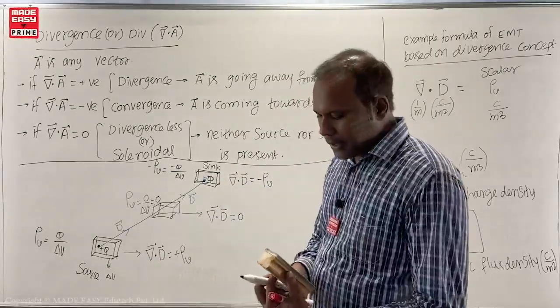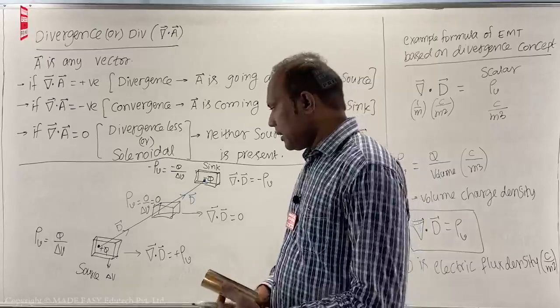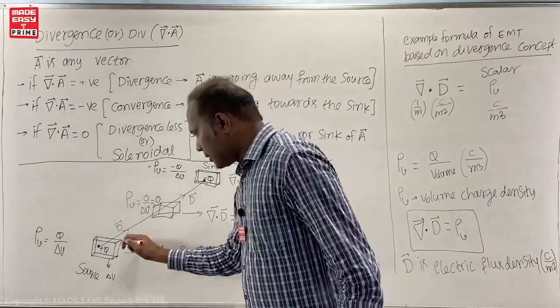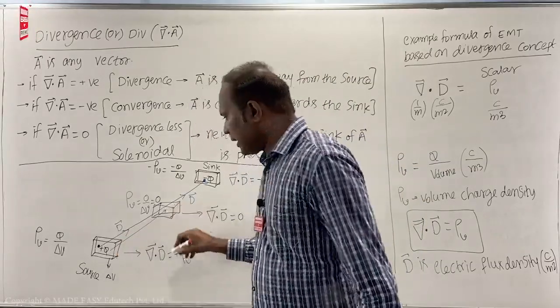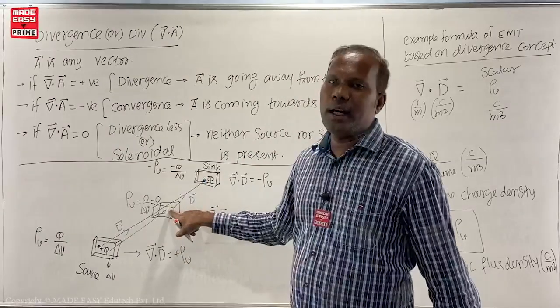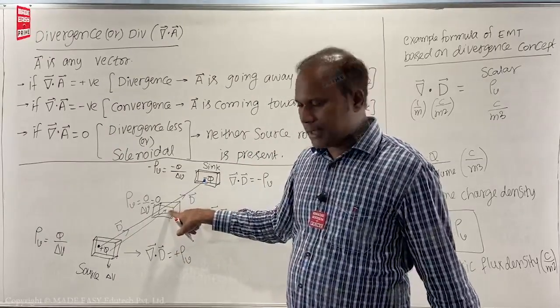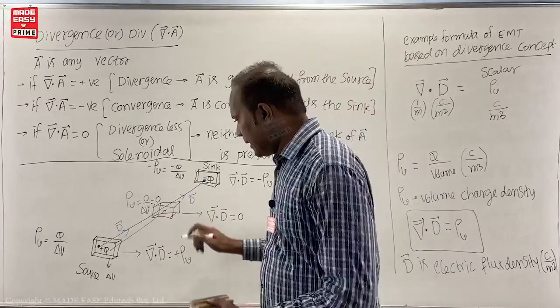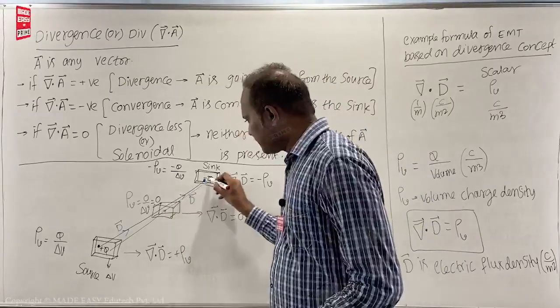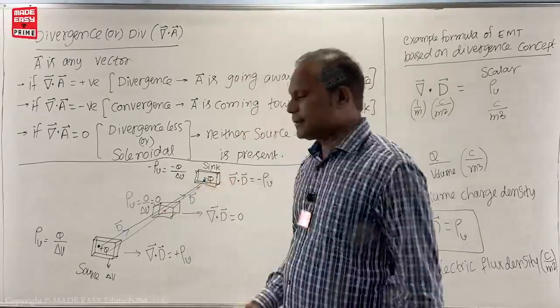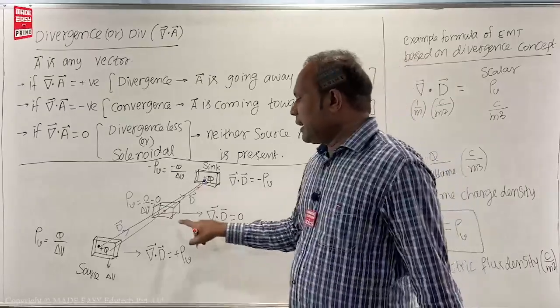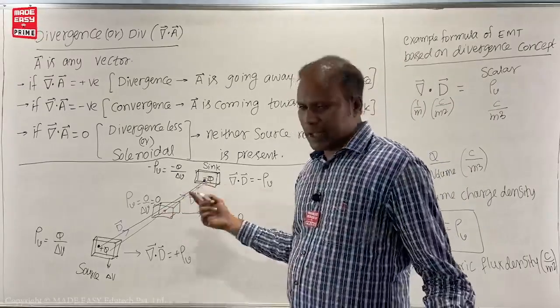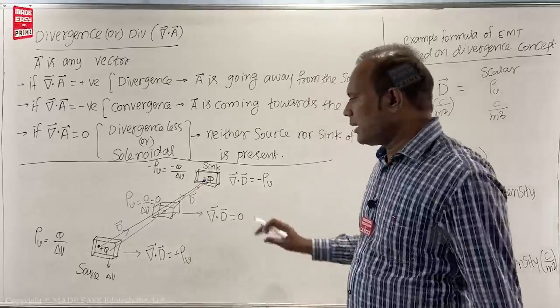For example, if a D bar line goes and ends here, then you could say D bar is converging at this location, but that is not happening here. It goes and ends elsewhere. Similarly, from this location nothing is generated because no source is there. That is the physical meaning of it.